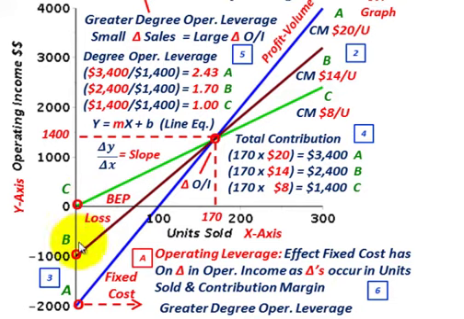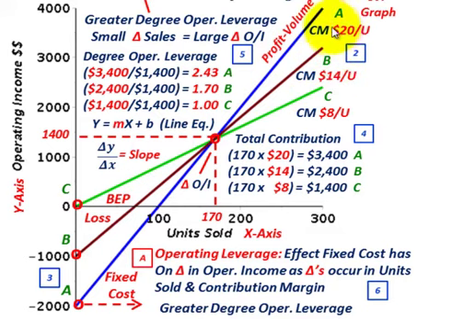So we have three different alternatives, three different fixed cost cases, and three different profit slopes, or line slopes. What we mean by the slope is really the contribution margin on a per unit basis.